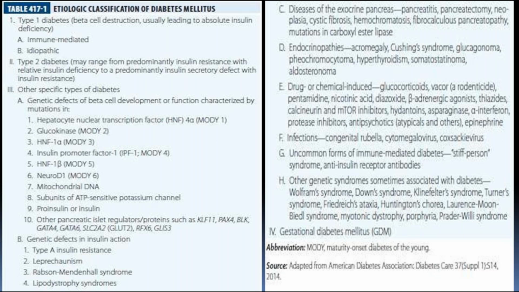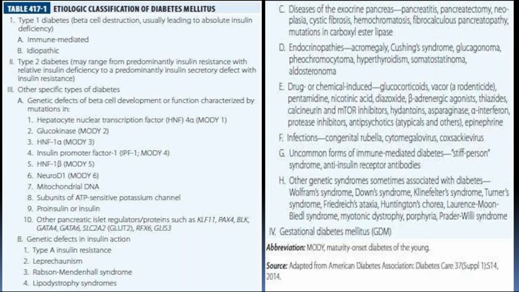Then we have other genetic syndromes sometimes associated with diabetes: Wolfram syndrome, Down syndrome, Klinefelter syndrome, Turner syndrome, Friedreich's ataxia, Huntington's chorea, Lawrence-Moon-Biedl syndrome. Then we have gestational diabetes mellitus.